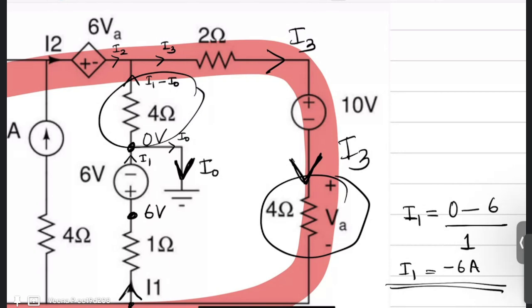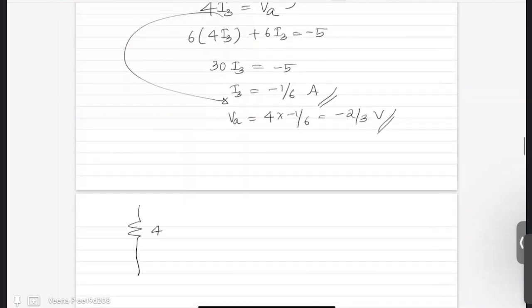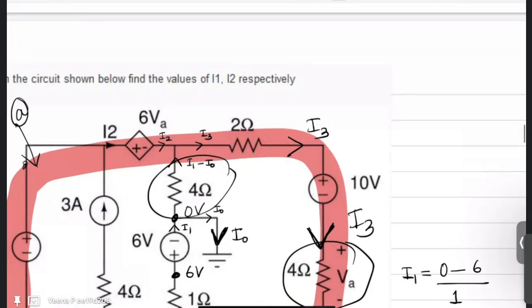I1 minus I0 is the current flowing through 4 ohm. So, if you redraw, the current is I1 minus I0. And this potential is 0 volts and this potential is, say, V1. Or let this be V1 and this be V2.